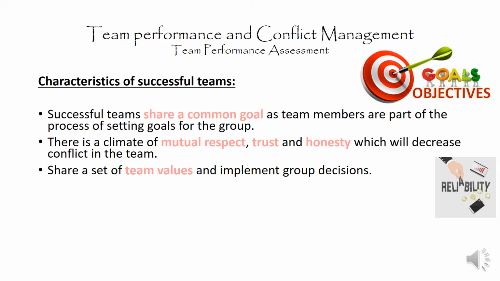Team values can be that it is important for team members to arrive at work on time. It can be anything, like respect and honesty when you give your opinion. So you have to decide as a team what are the values that will be important for this team, and then you have to implement your group's decisions.